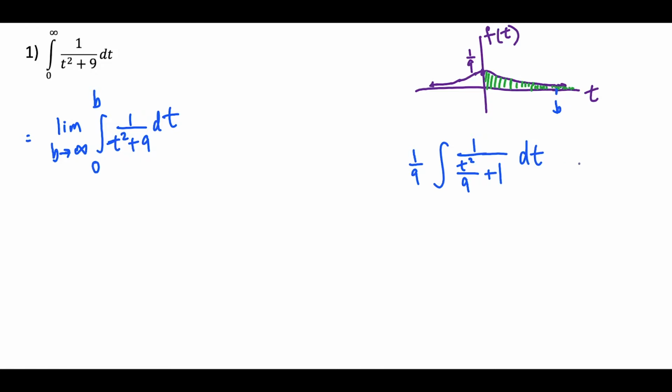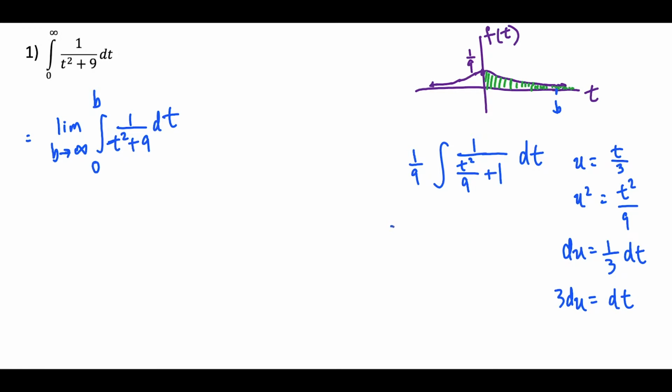The reason why I want to do this is that it sets us up really nice for a u-sub, where I'm going to let u equal t over 3, which will allow us to say that u squared is equal to t squared over 9, which is essentially what we're going to be replacing this term with. And then du would be equal to 1/3 dt. So then 3 du is equal to dt.